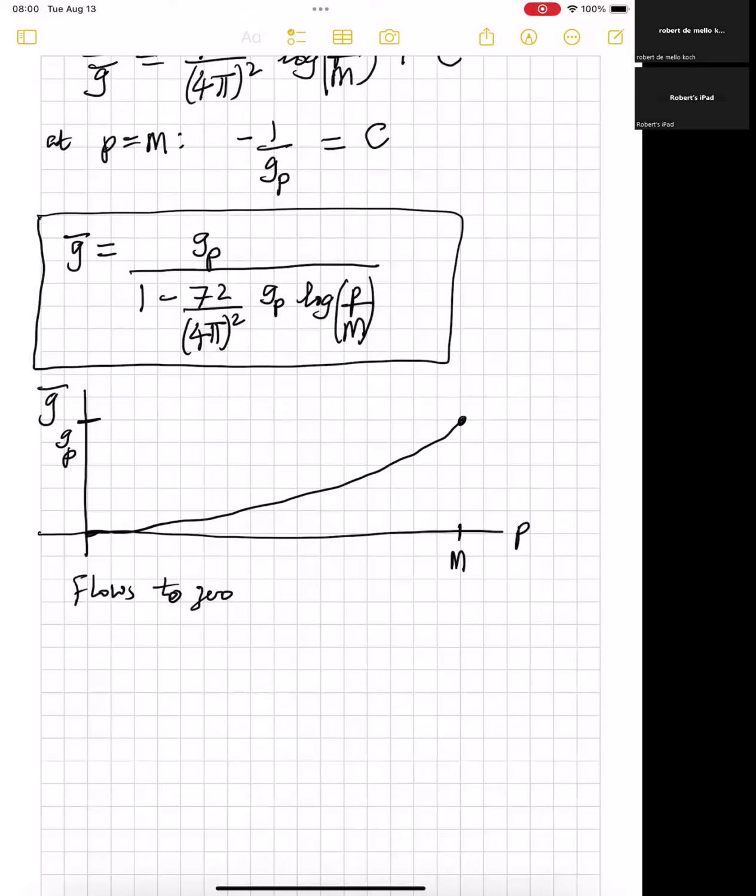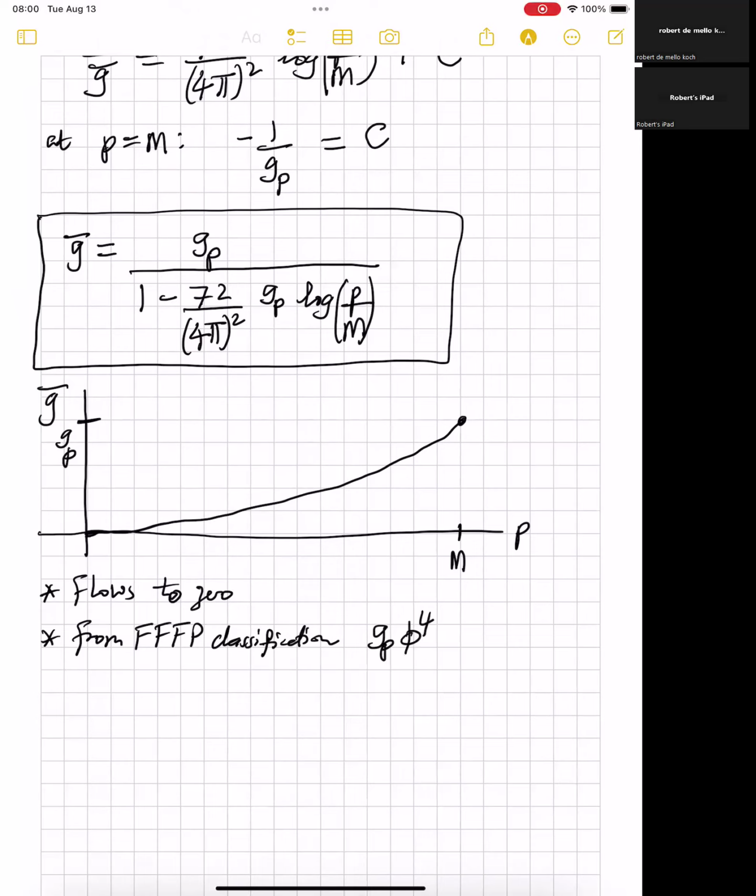Okay, that's as you flow to lower scales. Now, I want you to recall something. Recall from the free field fixed point classification that this operator GP multiplied by phi to the 4.